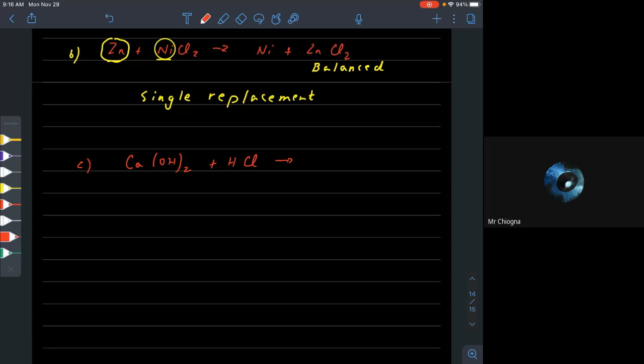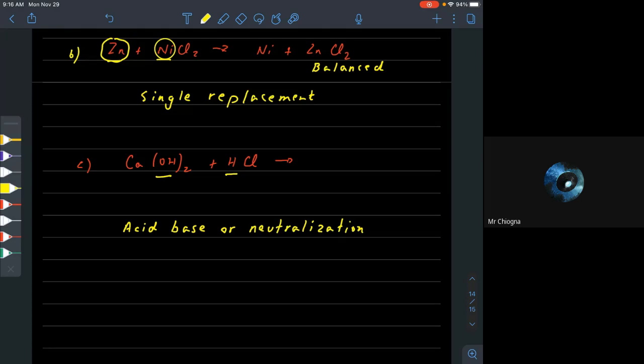Well, it involves an acid and a base. So it's an acid-base or neutralization reaction. How do I know it's an acid? Well, this formula starts with an H, so it's an acid. This formula ends with an OH, so it's a base.